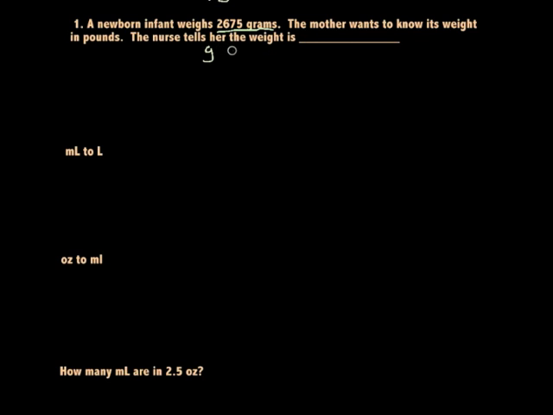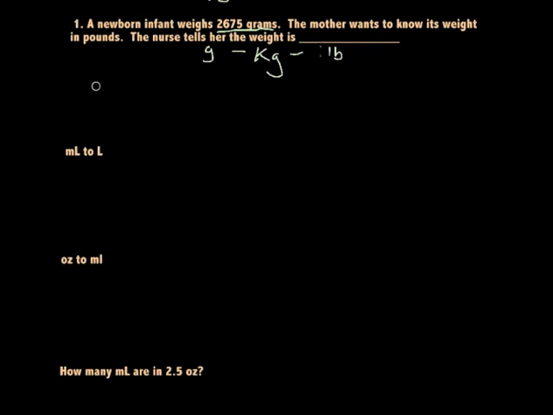So I can go from grams to kilogram. And then once I have it in kilograms, just like I did in the problem above this one, I can go to pounds. I guess that has 2 L's. Let me erase one of those. All right. So I can go from kilograms to pounds. So let's do that now.